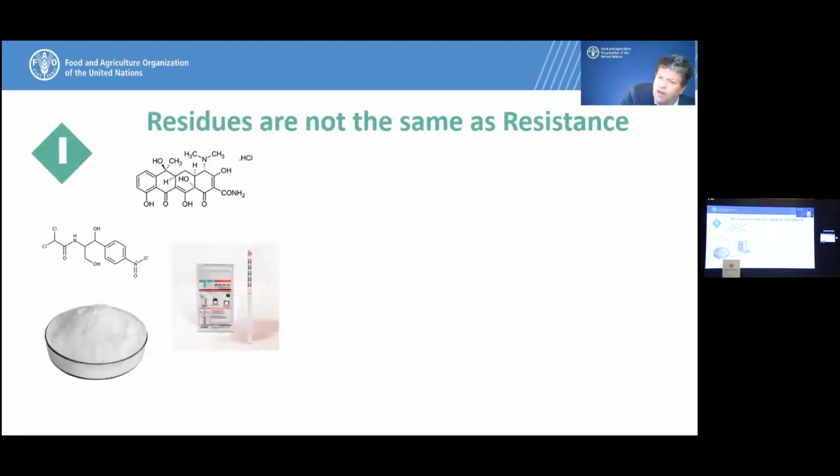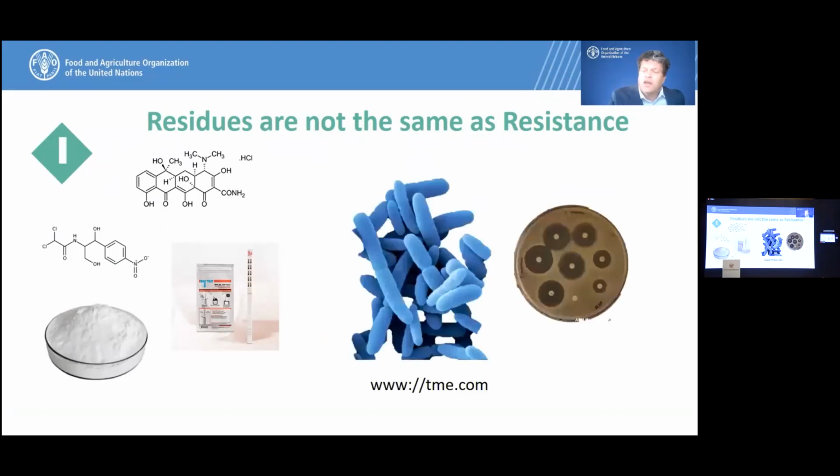Residues are not the same as resistance in relation to antimicrobials. This may be basic for many, but the public often confuses this. Antimicrobial residues are those remaining parts of the drug or chemical that had been administered to an animal or distributed into the environment that one can detect with analytical methods.